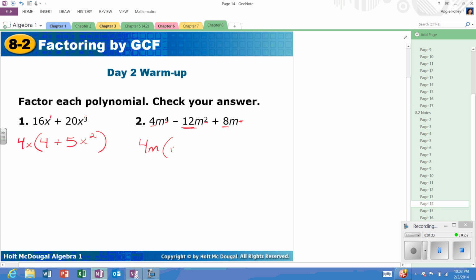You can if you want. And then I need an m to the third, because m to the third times m will get me back to m to the fourth. Then I need minus 3, because 3 times 4 gives me 12, and then an m, because I have an m squared and I have an m here. And then plus, well, 4 times 2 will get me back to 8, and I don't need any m since I already have the m out here in front. So that one is done.